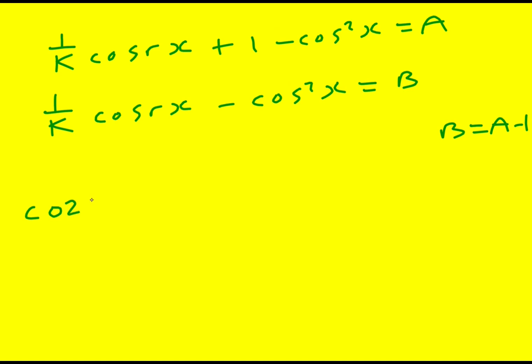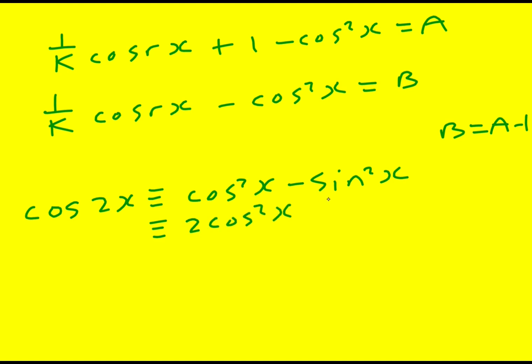Remember, there's a double angle formula, cos 2x, and there's 3 different ways you can write it. Standard result is here. But if you substitute in for sine squared, 1 minus cos squared, we get 2 cos squared x minus 1.